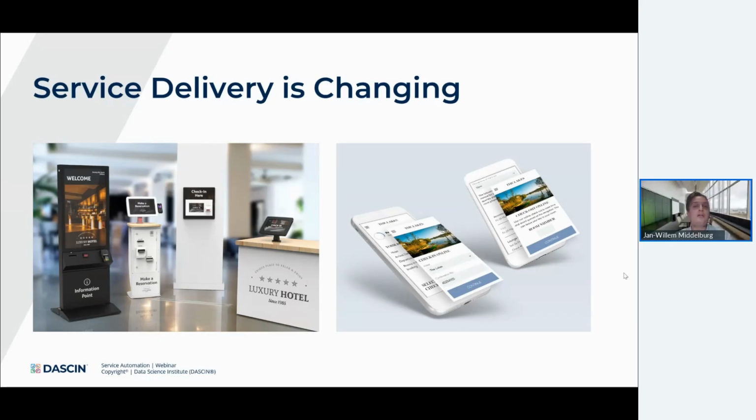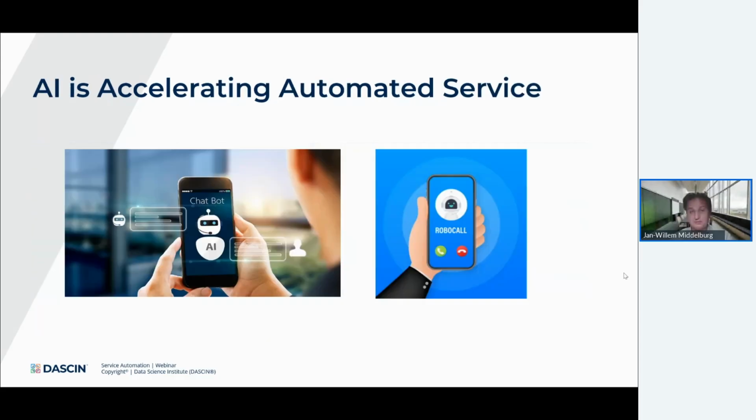And not only is that faster and cheaper and typically easier to operate, in many cases it also provides convenience. And therefore end users prefer to use these kinds of solutions over the traditional human-led kinds of services.